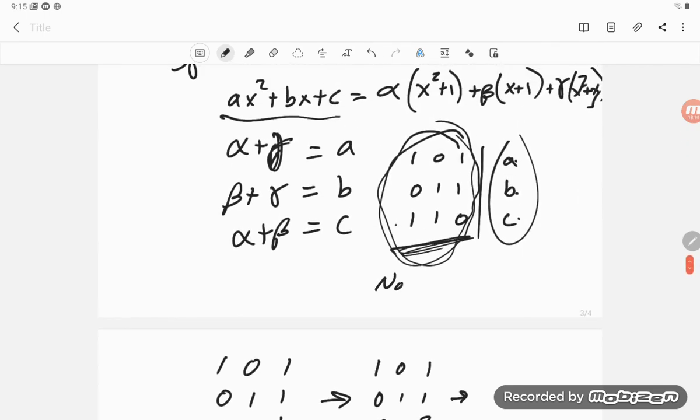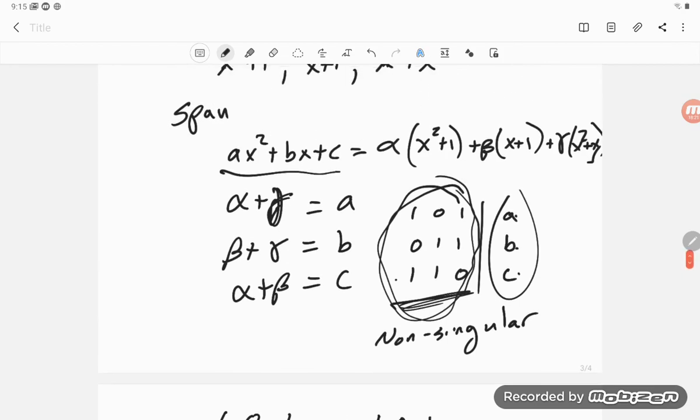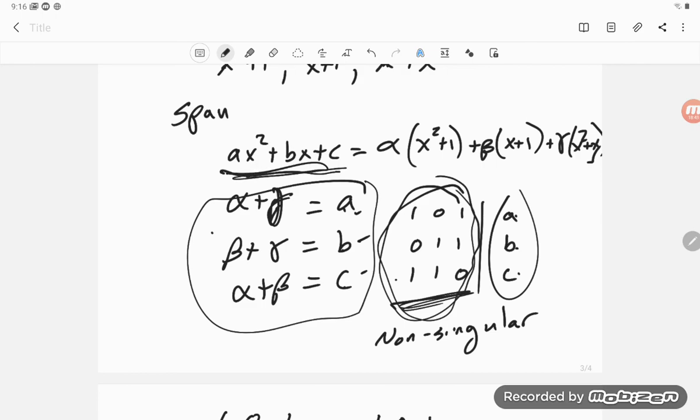Okay, so this is non-singular. And so that means I can solve this situation here for any A, B, and C. And it has a unique solution because I can use the inverse and all that. And so that also means that if I use 0, 0, 0 to get the 0 function up here, then alpha, beta, and gamma had to be 0.